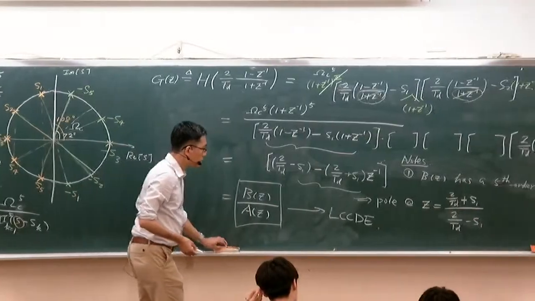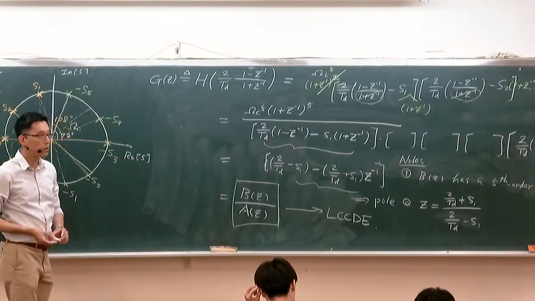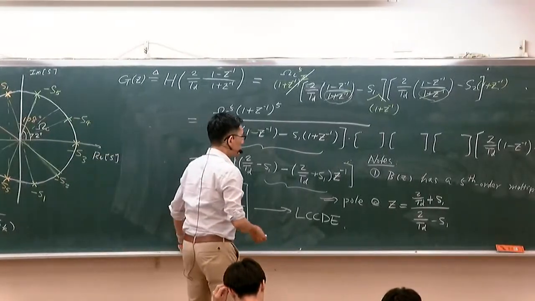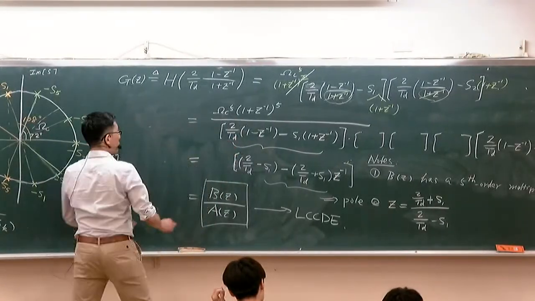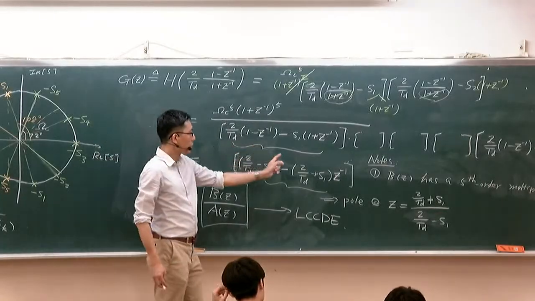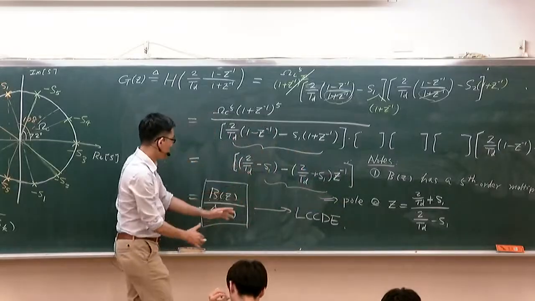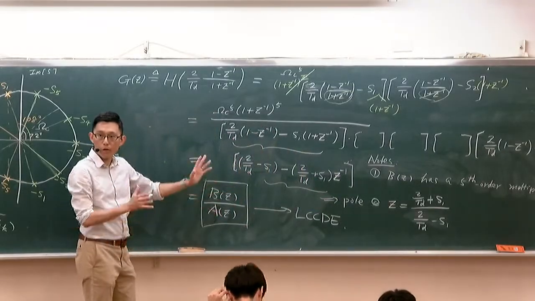So that's the answer. Now this is my second note. We know each bracket contributes one root to A of z. So we have 5 of them.